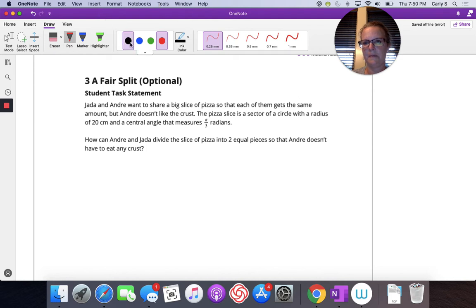because we don't have to do all of them, Jada and Andre, big slice of pizza. If this were a slice, the pizza slice is a sector of a circle, with a radius of 20 centimeters, and the central angle that measures pi over 3.